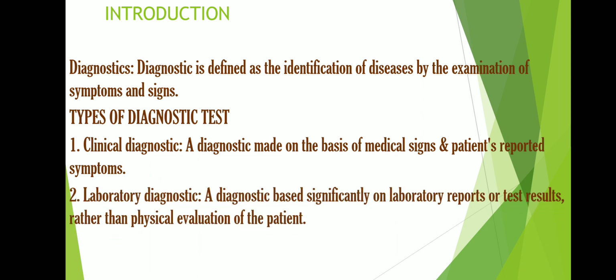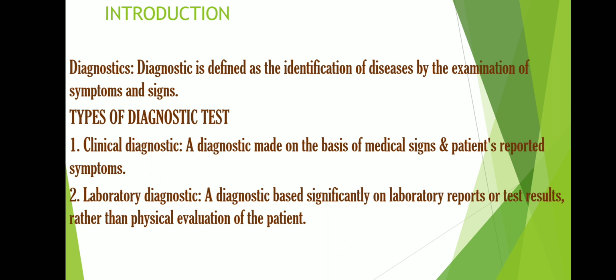Now comes laboratory diagnosis, where we generate laboratory test results by testing various samples. We take samples from the patient, and then we perform various tests on the samples to identify a particular disease.